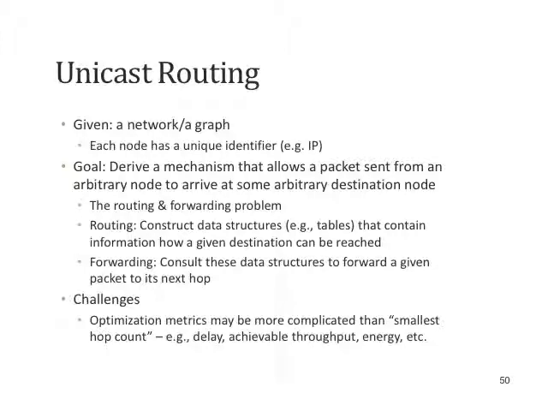Each node, or each vertex, or each point in this graph has a unique identifier, an IP address. And the goal of the routing problem is to derive a mechanism that allows a packet or a complete path to be established from one node, which represents the source node, to a destination node, such that the end-to-end cost is minimum.